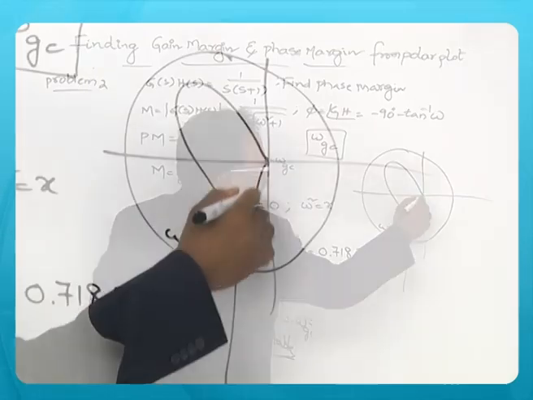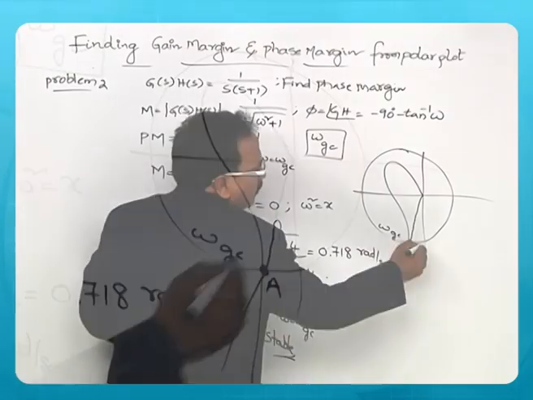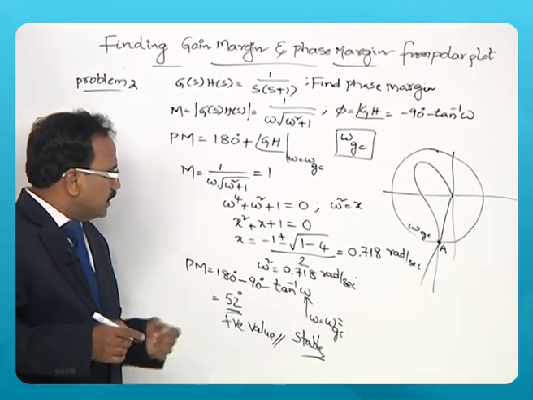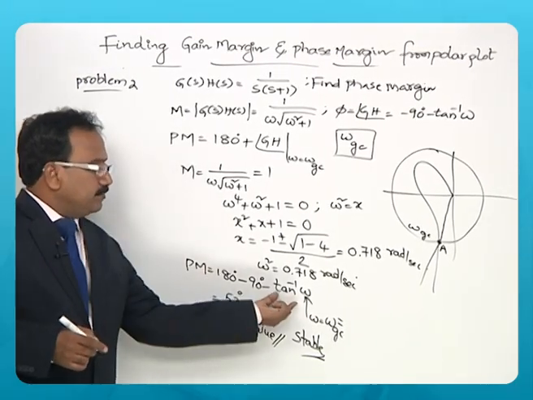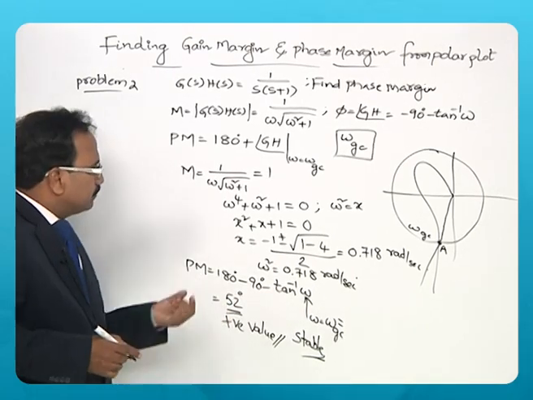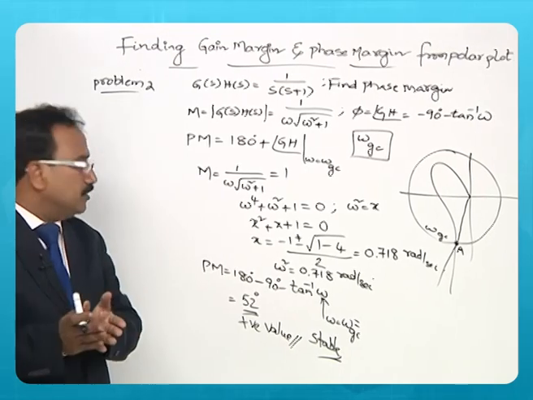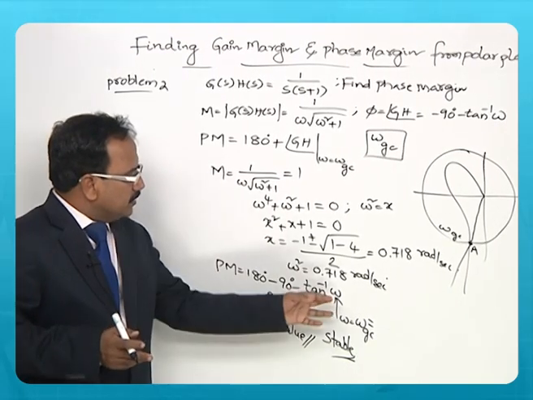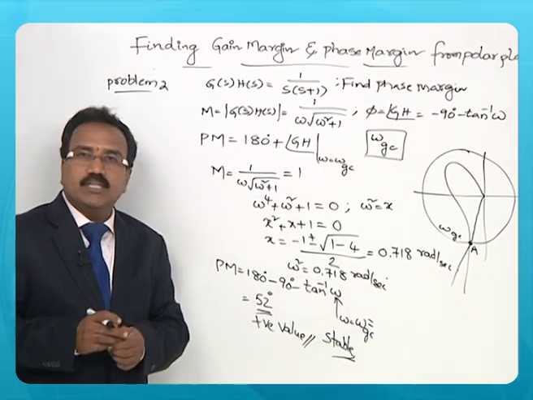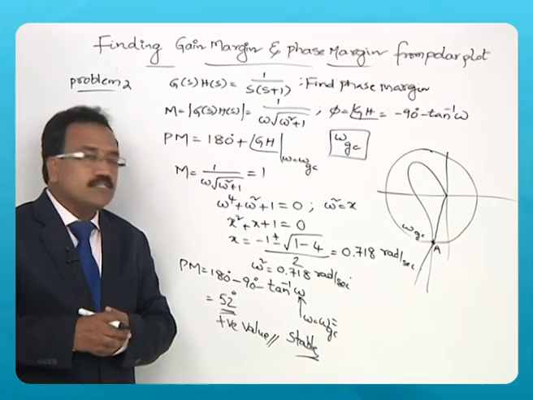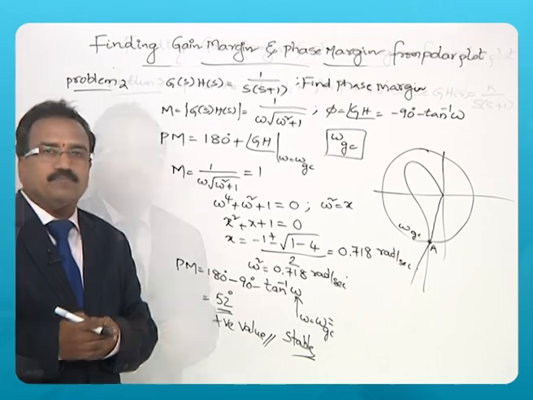So this is the point you should determine and then substitute that omega in the phase angle term to get the phase margin. It is given by 180 plus the phase angle contribution of the whole term, substituting omega equal to omega GC. If you get a positive value, the system is said to be stable.